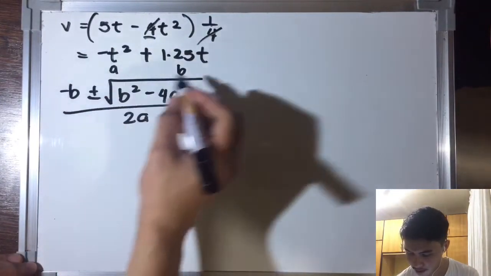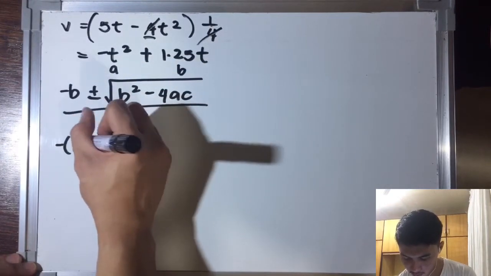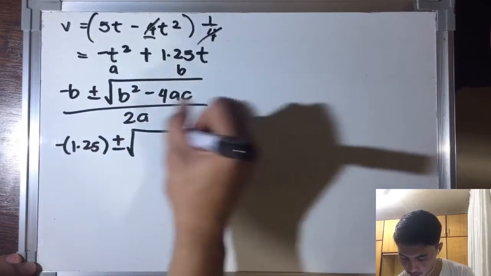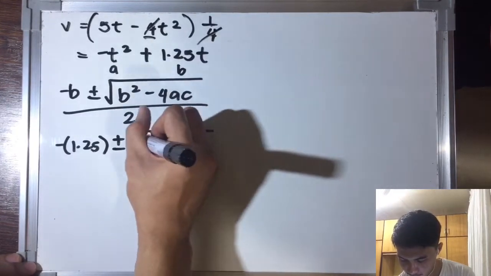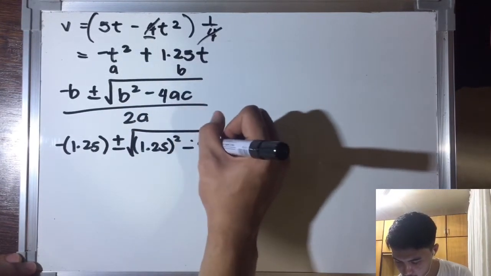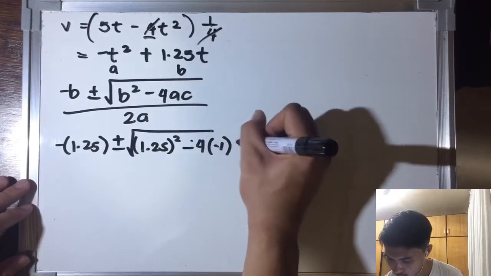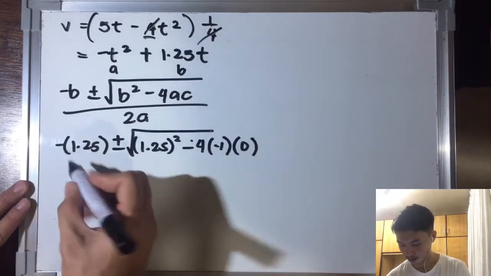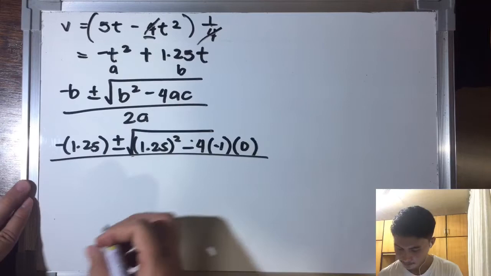Negative b, our letter b, is negative 1.25, plus or minus the square root of 1.25 squared minus 4 multiplied by a, which is negative 1, and c, which is 0, because we have no value for c.